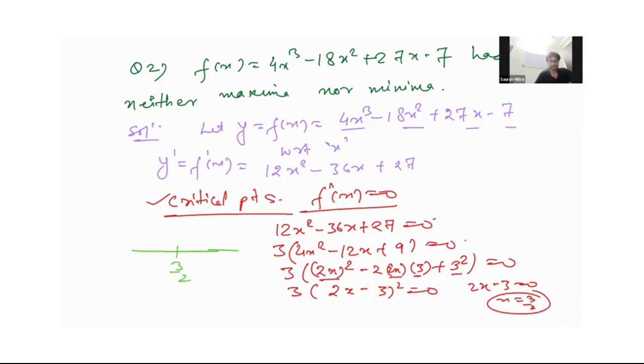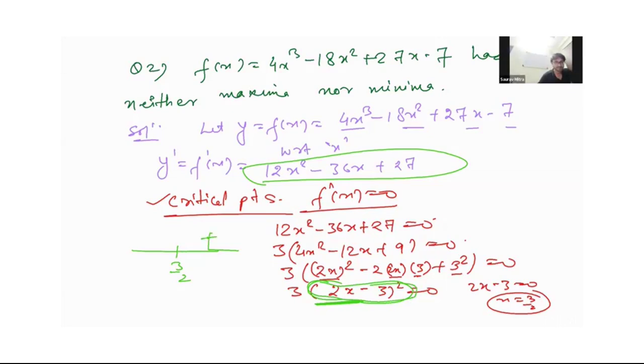Now think of a number beyond this. It is 1.5. Let us say 2. We just have to calculate the sign. So if we take a number 2 here, this is my simplest form of f dash x. If I put the value 2 here, it will give you positive. Okay, no problem.